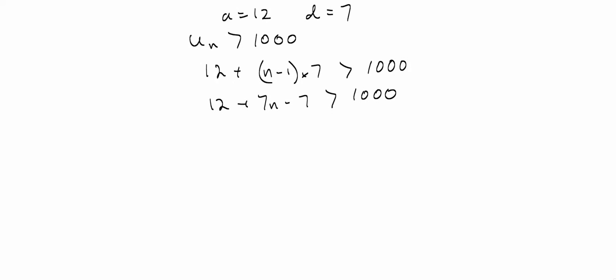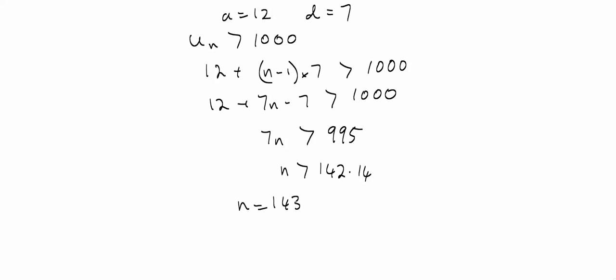That is 12 minus 7, which is 5. We put onto the other side, subtract from both sides, we have 7n greater than 995. Divide by 7, n must be greater than 142.14. So n, as it is a whole number, an integer, the first number greater than 142.14 is 143.